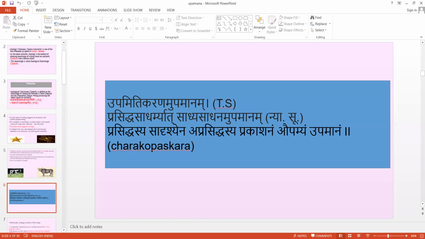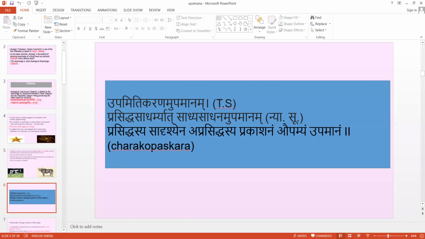An almost similar definition is told by Tarka Sangraha's commentary, the Charaga Upaskara: Prasiddhasya sadrishyena aprasiddhasya prakasanam aupamyam upamana. So Upamana is otherwise called aupamyam; you can write it in synonyms. Aupamyam means similarity.